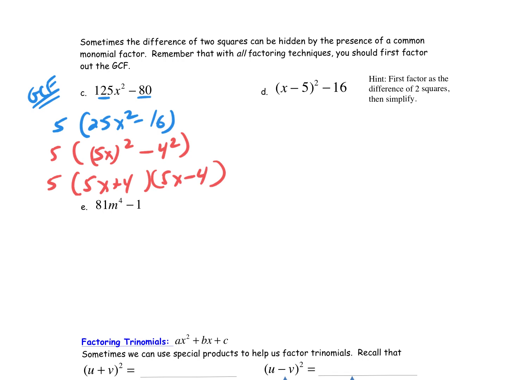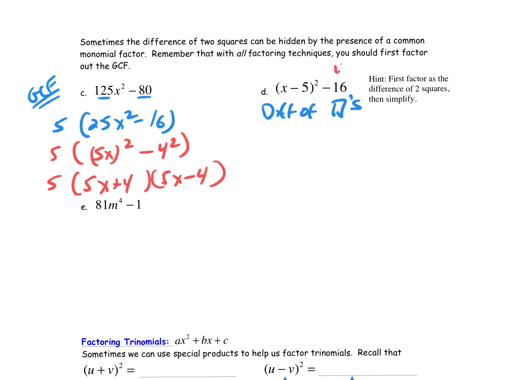Okay, in this next problem, it might be tempting to multiply everything out, multiply out the x minus 5 squared, combine like terms, and then factor. But here we can be clever and we can recognize that this is really a difference of squares because we have the quantity x minus 5 squared and 16, which is 4 squared.